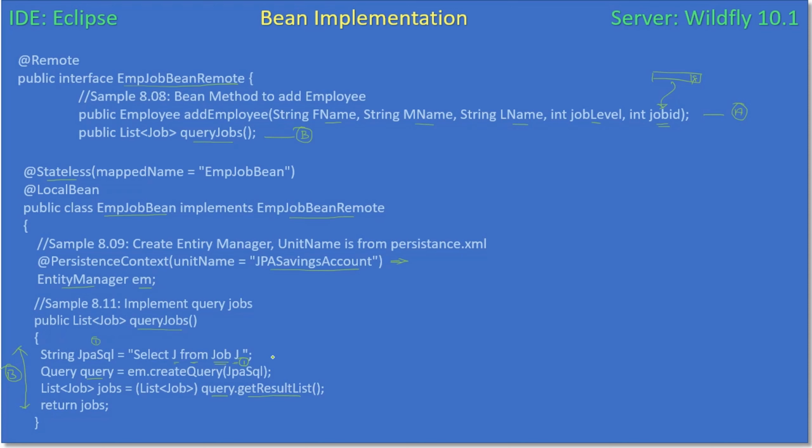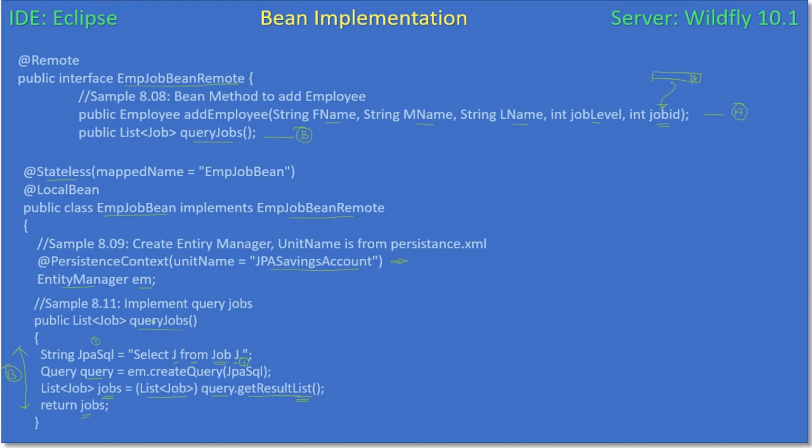So JPA query was already explained in our previous sub-series. You can look at the prerequisite to know which sub-series it was. Since we know that it will return multiple records from the query, we make a call to get result list, and since it retrieves the list, we are casting it to a list of job, assigning it to a reference, then returning it.